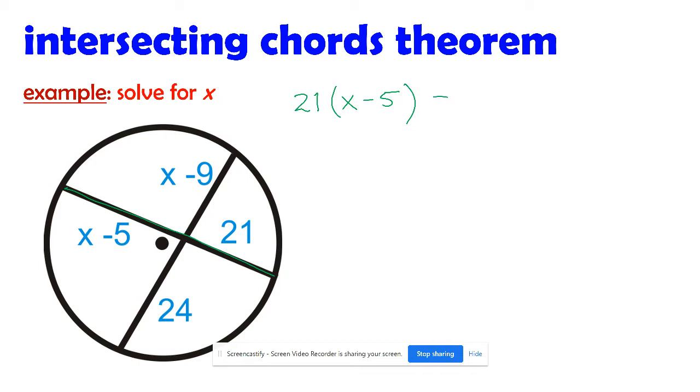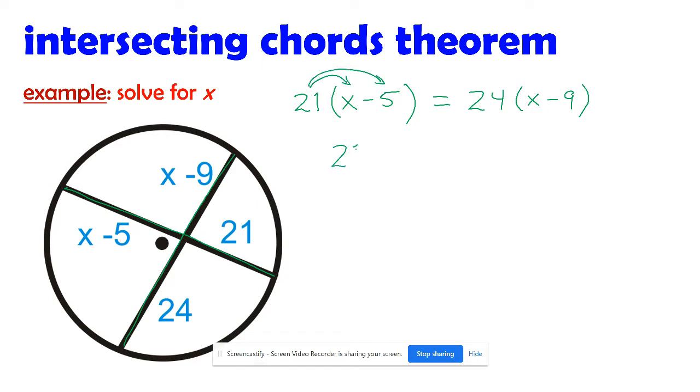Then we're going to do the same thing with the other chord. We have an x minus 9. We're going to multiply it by 24. I'm going to write it the same way. All right. So now the next thing I want to do is distribute. So I'm going to multiply the 21 by both of these things.